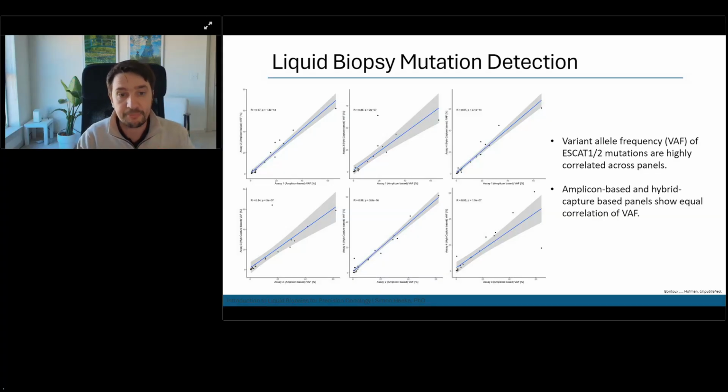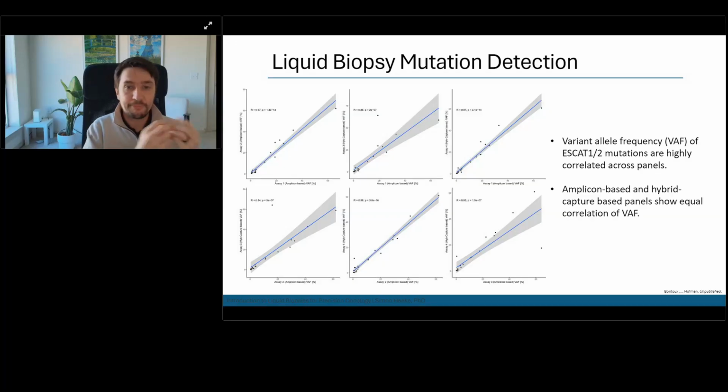This is a study that was led by Paul Hofman in Nice, and I'm very grateful that he allowed me today to show some of the data with you. Because what I found really interesting is when we now look at the correlation of the variant allele frequency across different assays, we could really see that the correlation is absolutely excellent.